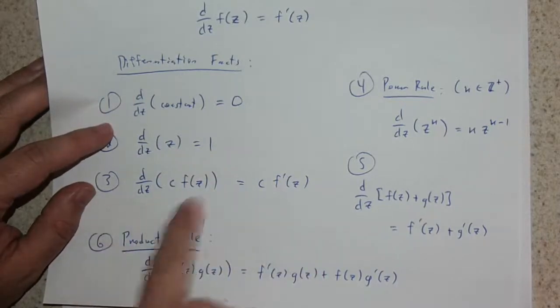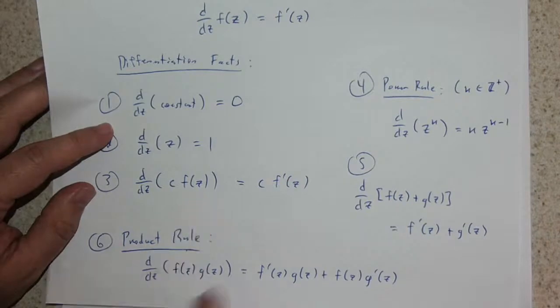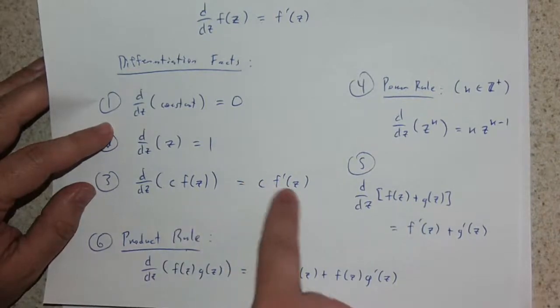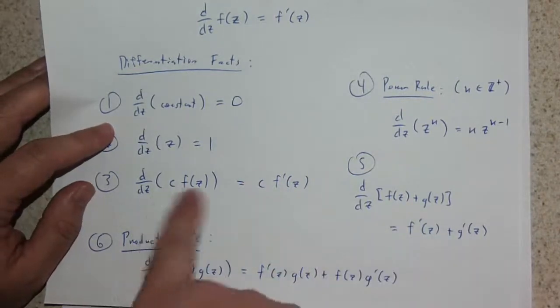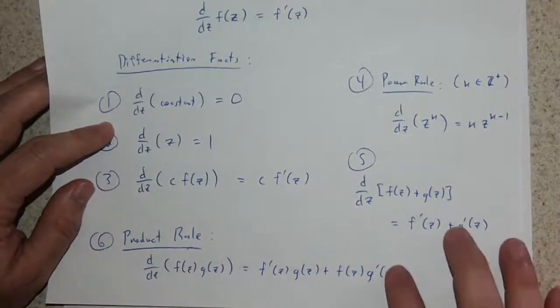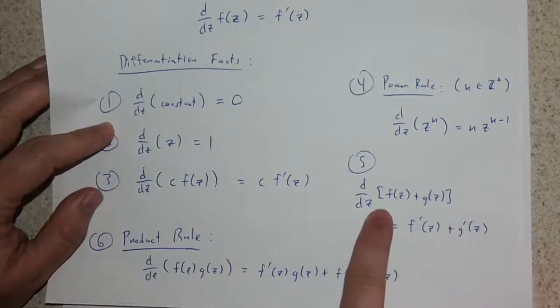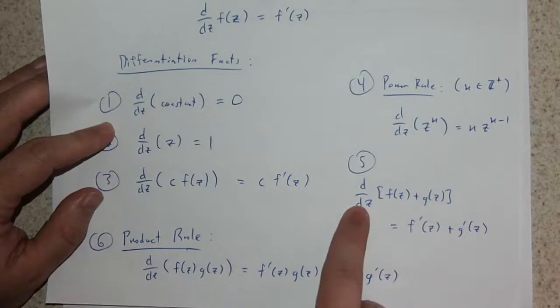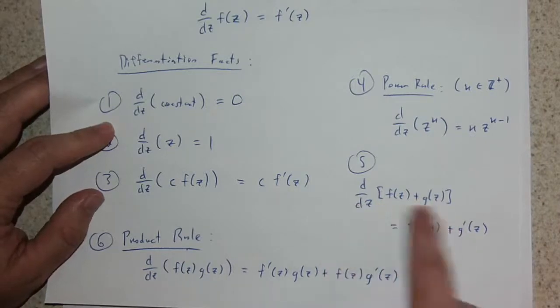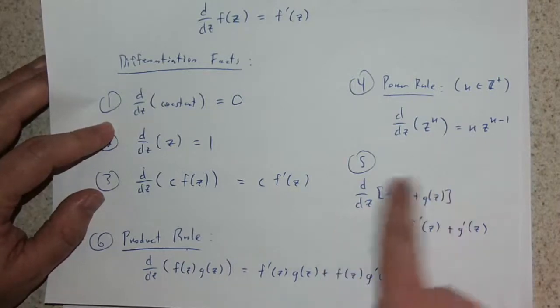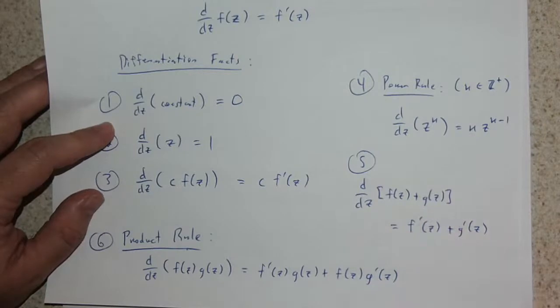The derivative of a constant times a function of a complex variable is the constant times the derivative of that function. Okay, so constants pull out of functions like this. We have the linearity fact that the derivative breaks up across sums of functions. So the derivative of a sum of functions is the sum of the derivatives.